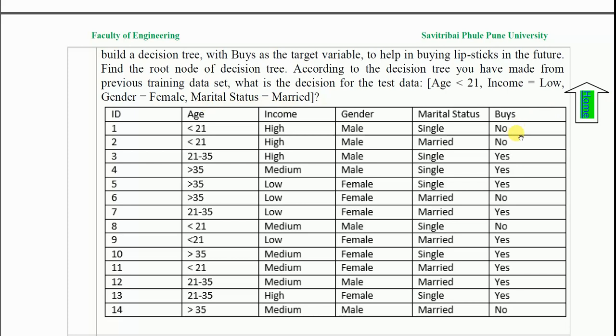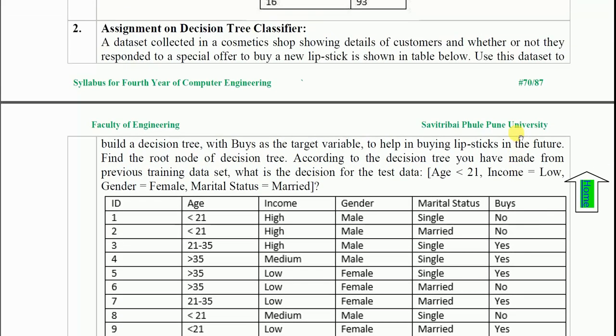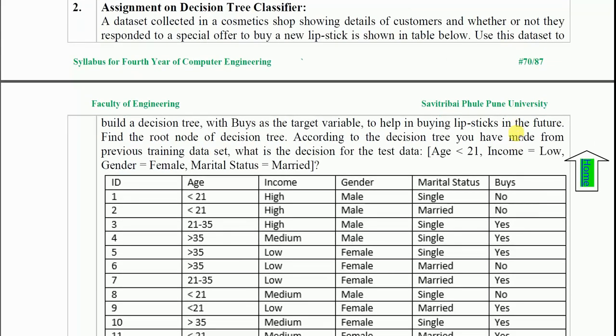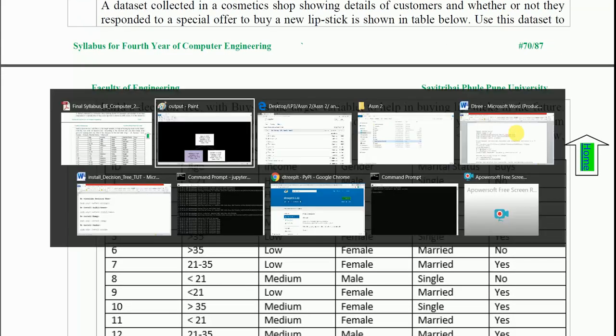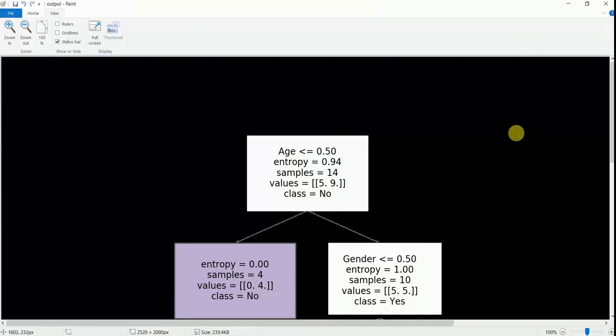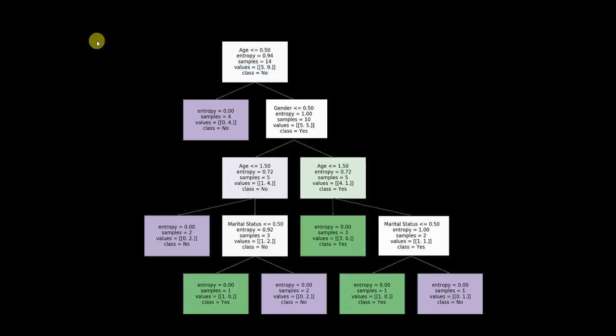Now let us quickly look into what a decision tree is and how it looks. I hope you are aware of a binary tree. The structure of a decision tree is somewhat like a binary tree. It has a root node, and each node has two child nodes.